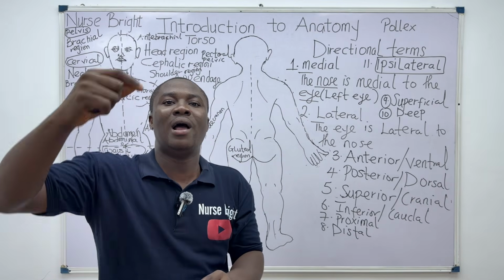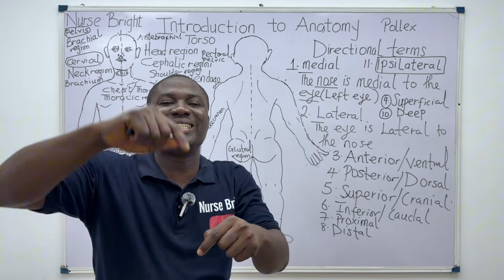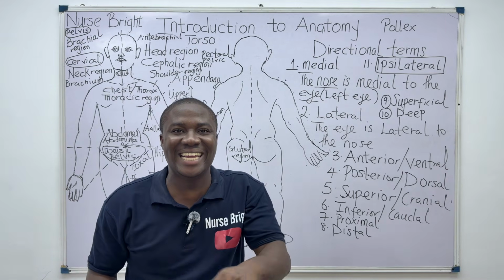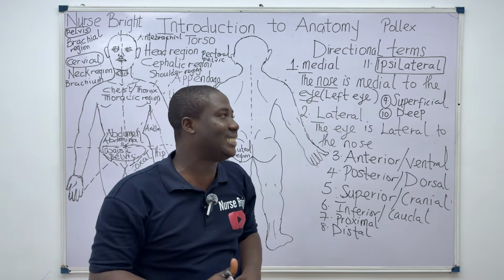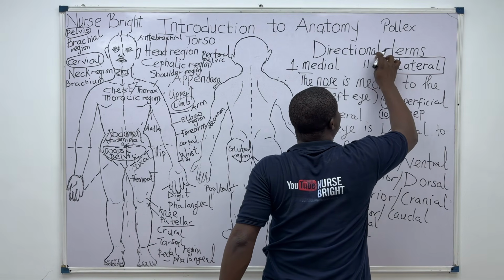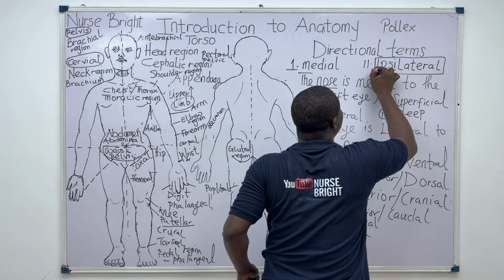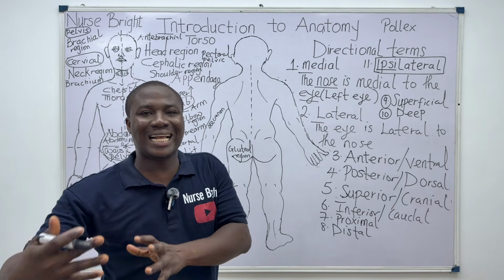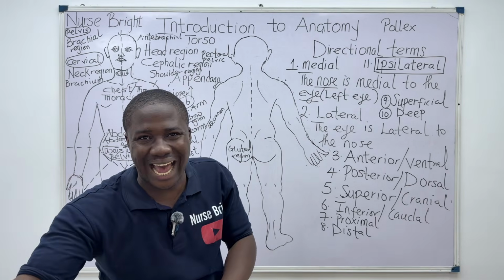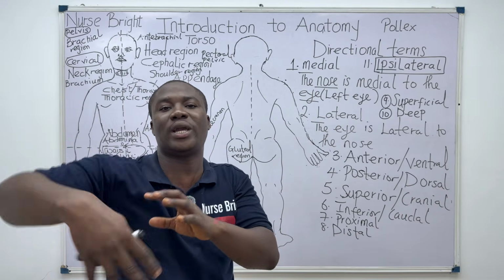A structure is said to be ipsilateral when they are located on the same side of the body. It's very easy. The word ipsi simply means the same, all right? And lateral, we've built on the basis of lateral, which means towards the side. So now a structure is said to be ipsilateral when they are located on the same side of the body.